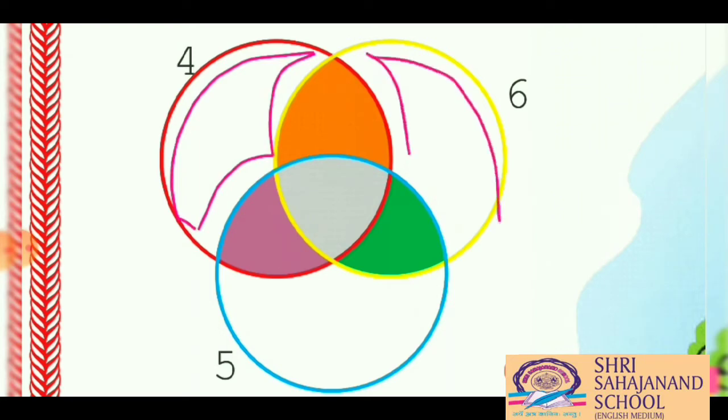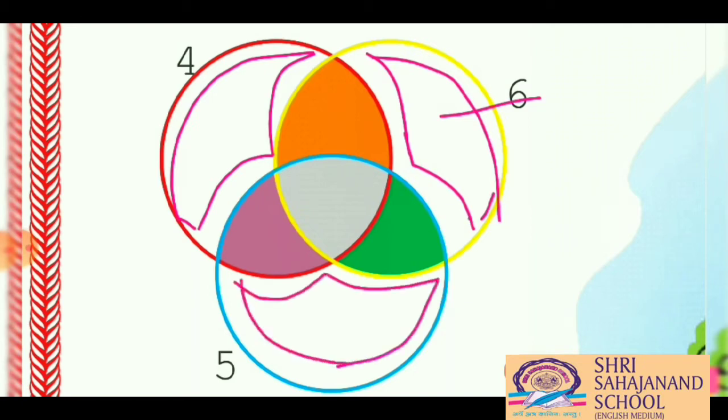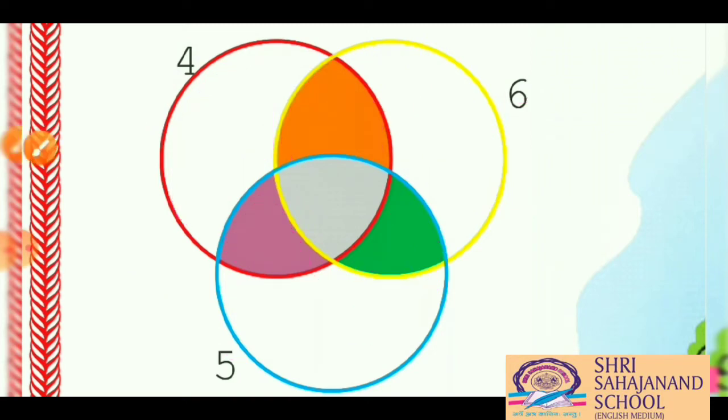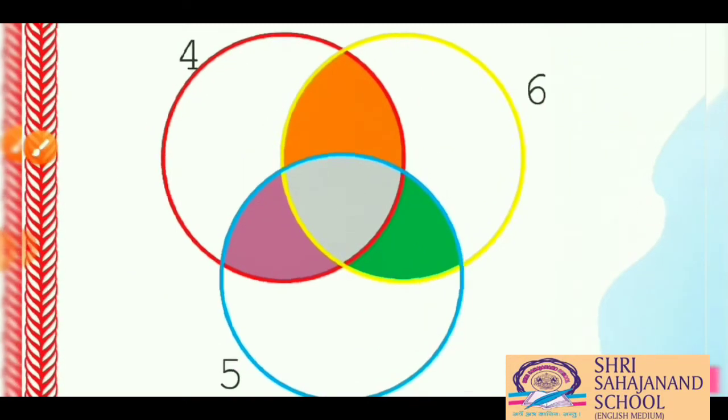In this white part in the yellow circle you will write the multiples of 6, and in this blue part you will write the multiples of 5. In this shaded part, which is with 4 and 5, you will write the common multiples of 4 and 5 only. In this green circle you will write the multiples of 5 and 6, and in this saffron color you will write the common multiples of 4 and 6. So now let's start to write the common multiples.